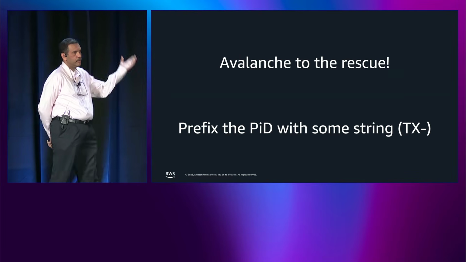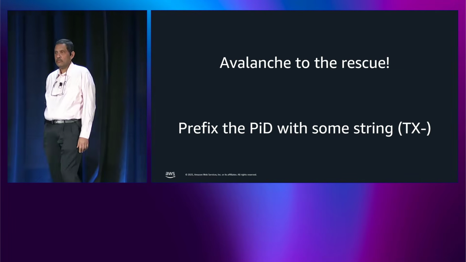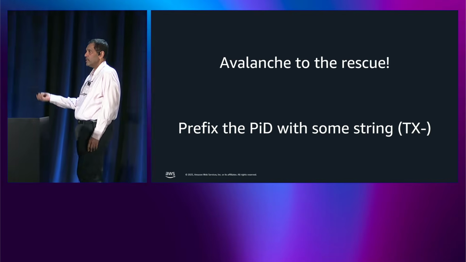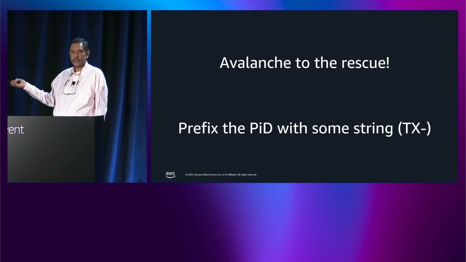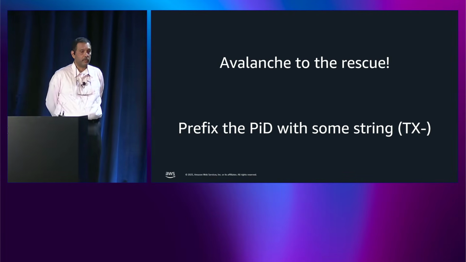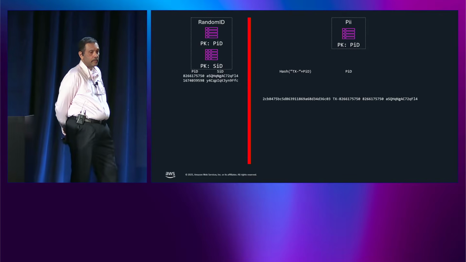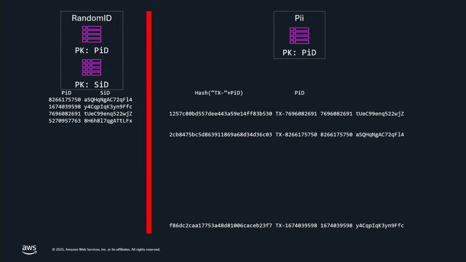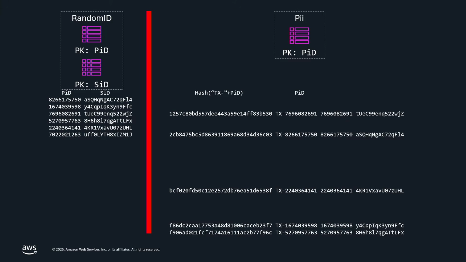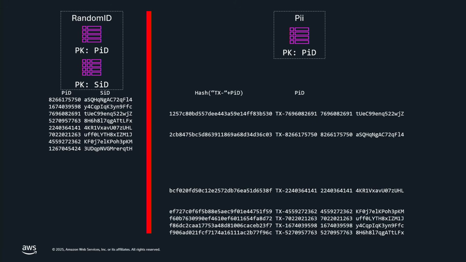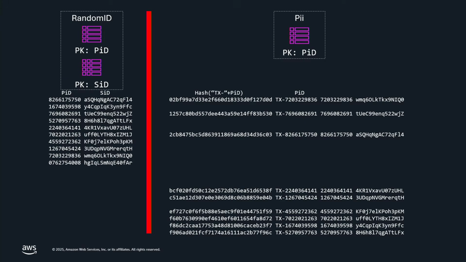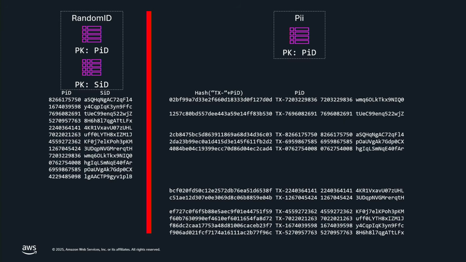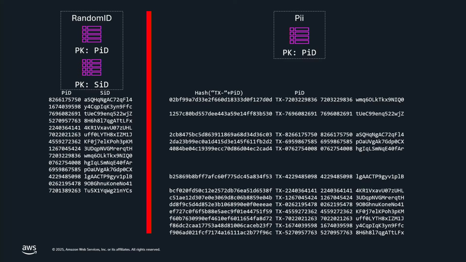Like we said, use TX in front of it. So the reason for this, you make a small change, it changes the hash value a lot. So now, as you read down the table, the traffic is getting distributed all over on the PII table. So now we're back to distributing the load across multiple partitions, and we're in a good place.